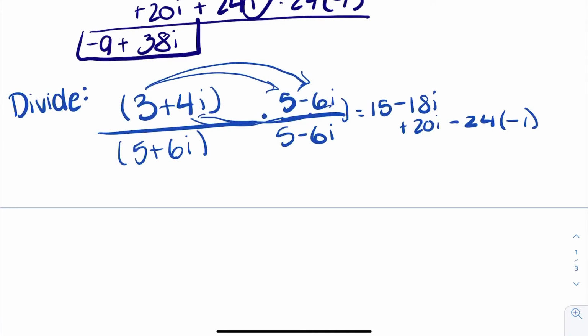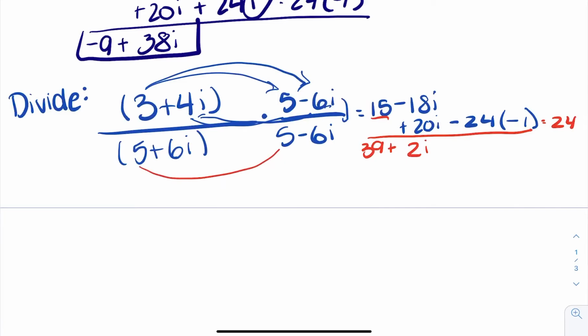And then you're going to simplify your like terms. So you're going to have 2i, and then this is a positive 24, and then the 15 equals 39, so 39 plus 2i. And you're going to repeat this step on the denominator.